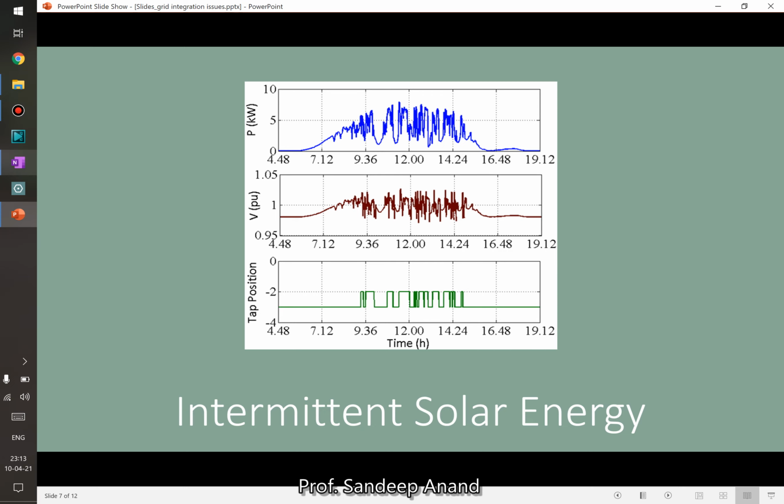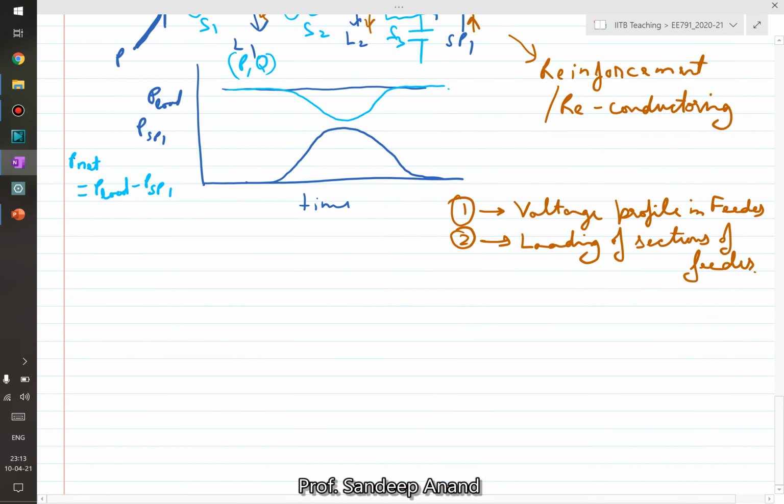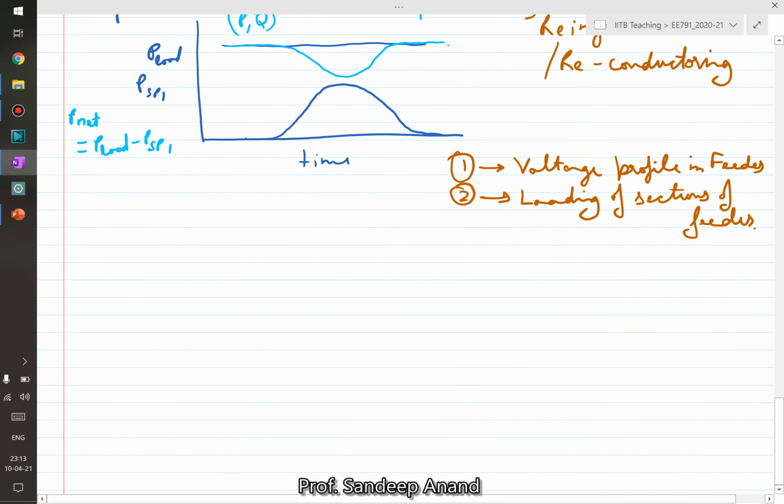So let me draw the system for you, for a little better understanding. The system considered here is something like this. This is an on-load tap changer. This is a transformer where you have multiple tappings on the primary, and it takes the feedback of the bus voltage and then takes a controller action, accordingly changing the tappings of the transformer.